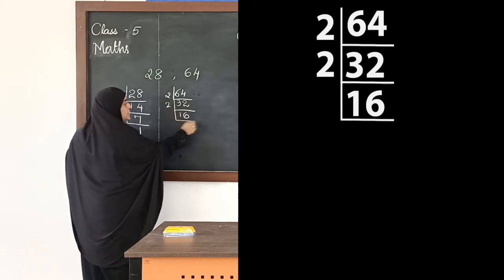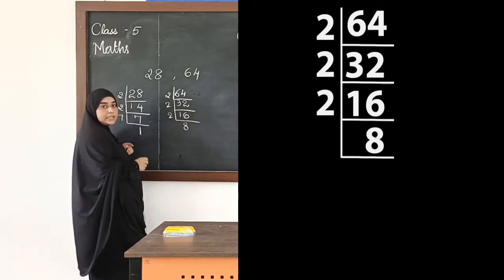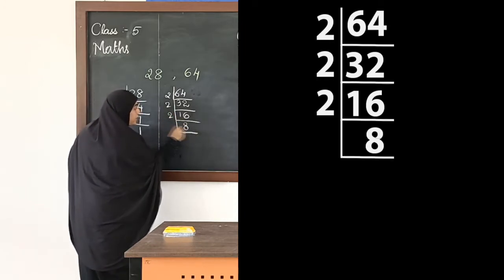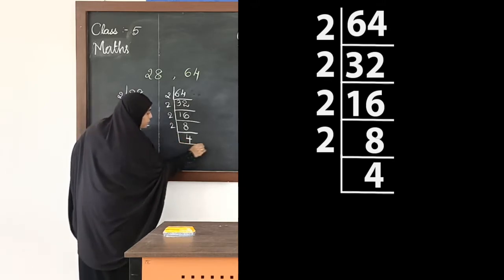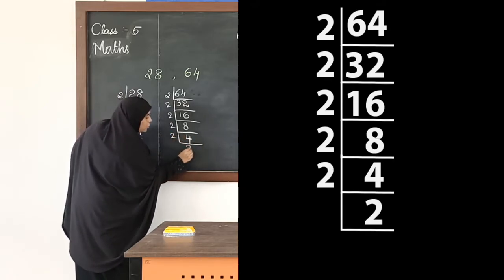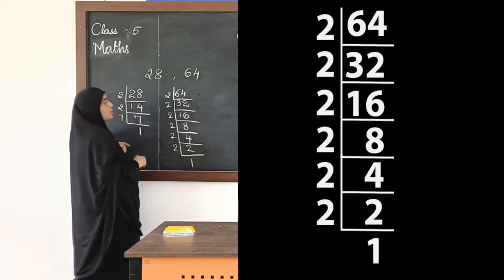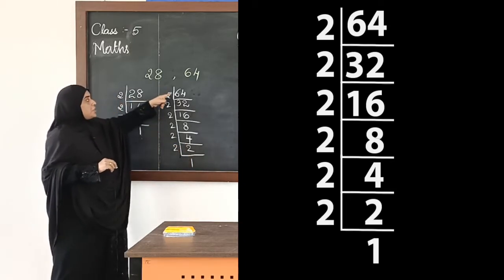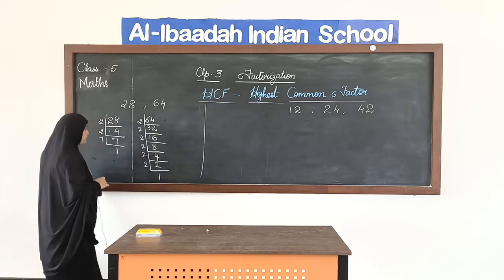Again we will divide 16 with 2. 2 8s are 16. Again we will divide 8 with 2. 2 4s are 8. Then again we will divide 4 with 2. 2 2s are 4, then 2 1s are 2. So these are the prime factors of 64. Okay, we will note it down.